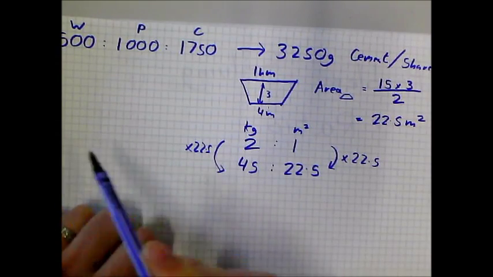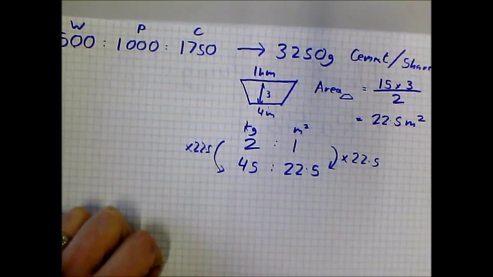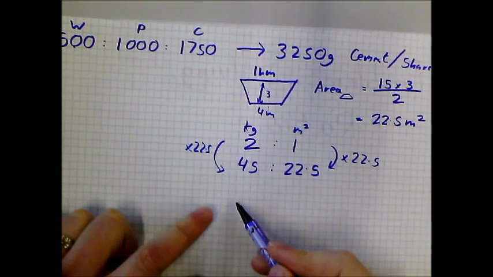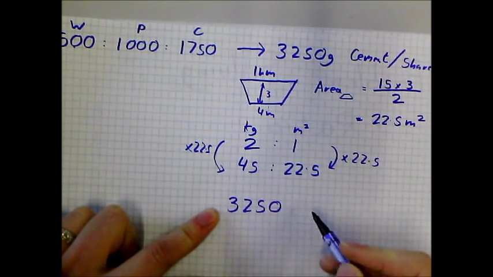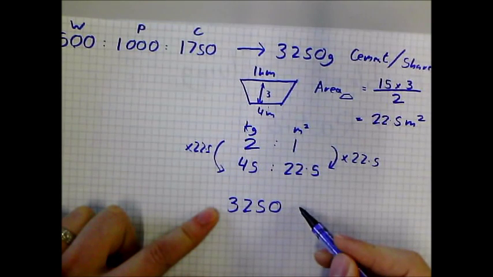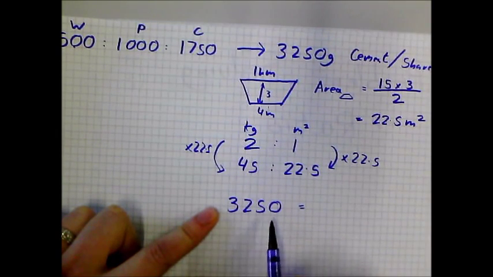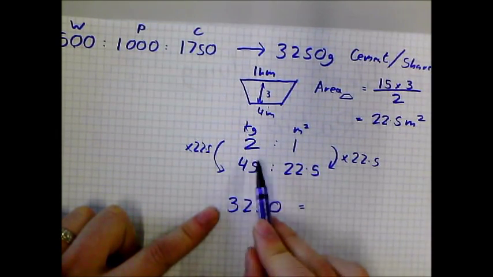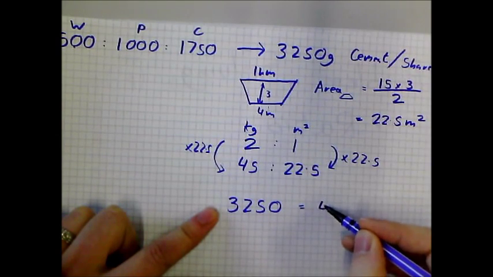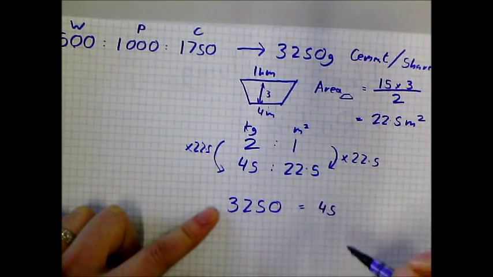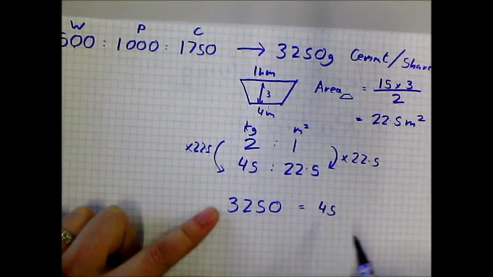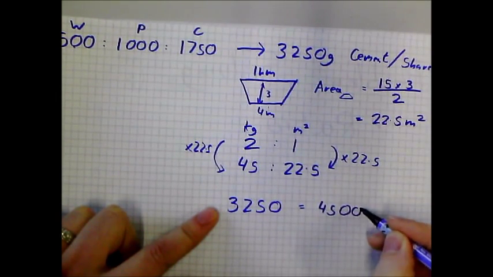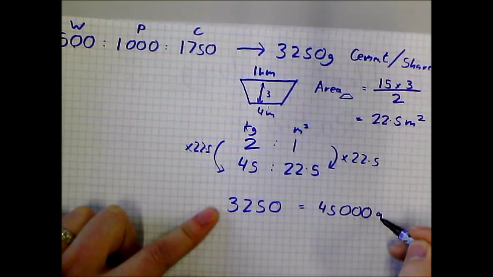So now we need to work out how much of each ingredient we need. Now we know that there were 3,250 shares in total, and we want these shares to be divided by the total amount we need, which in this case is 45 kilograms. This one's in grams, so we need to make sure this one's in grams as well, so that's going to be 45,000 grams.